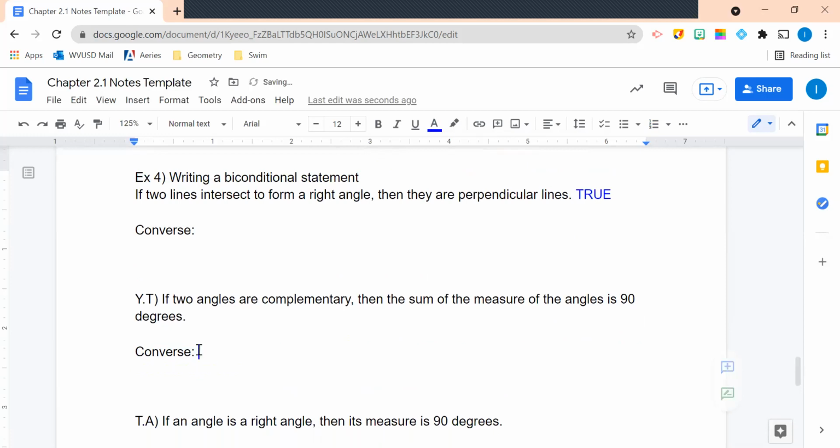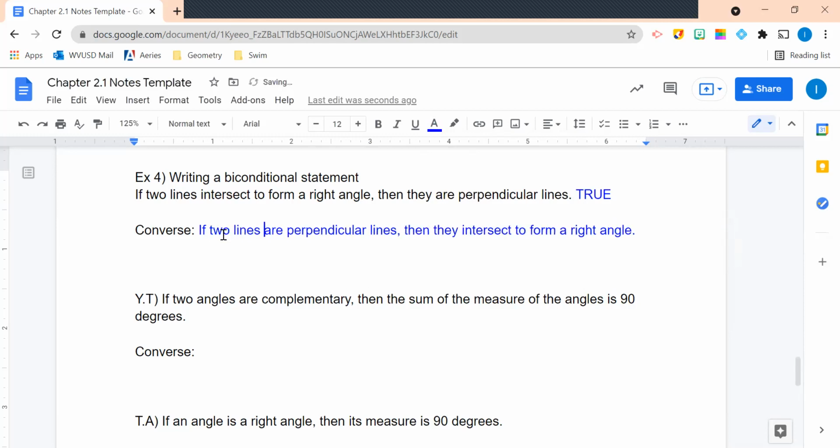I'm looking at the wrong one. It should be here. Sorry. If they are perpendicular, then they intersect.